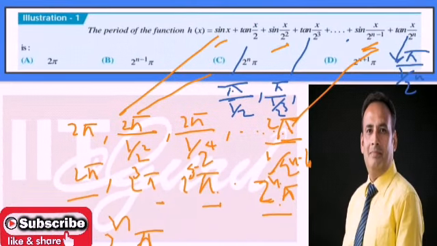If you see here, the period is pi upon 1 by 2 to the power n. So finally what we conclude over here is that the periods for the tan x terms are 2 pi, then 2 cube pi, and so on, up to 2 to the power n pi.